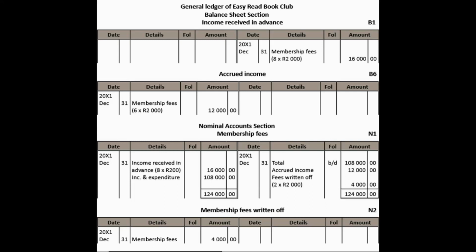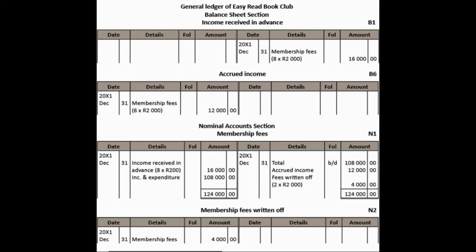That was given to you. 6 members have not yet paid their membership fees for X1, so that is accrued income. 6 times 2,000 is 12,000. So you will have on the credit side of the membership fees account 12,000 Rand and debit accrued income 12,000 Rand.